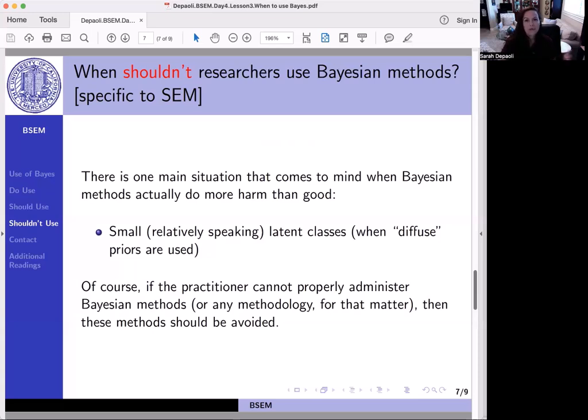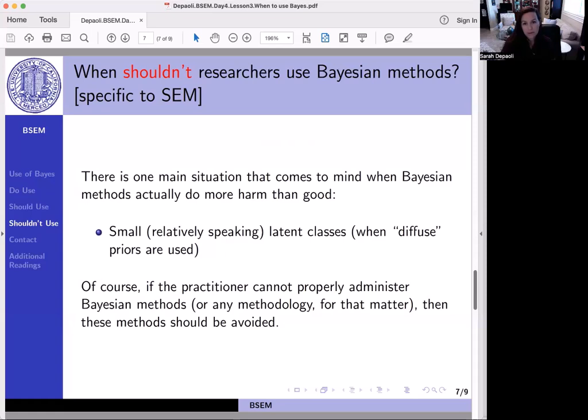If you use default diffuse settings for the class proportion prior, and you have one class that happens to be small, then the results you obtain will be wrong. And you likely won't be able to tell that this is the case if you're looking at empirical data results.